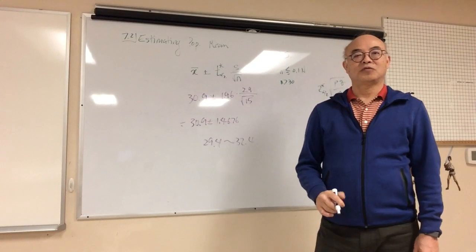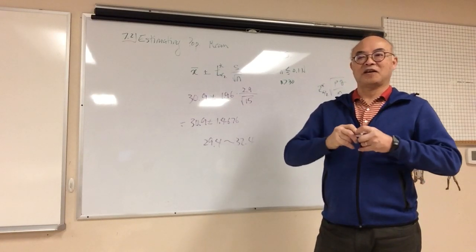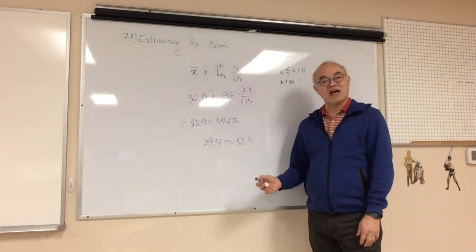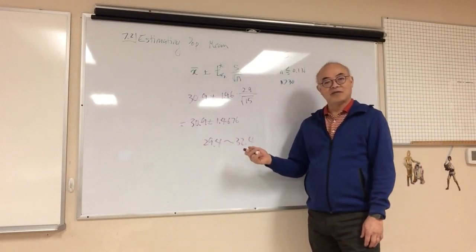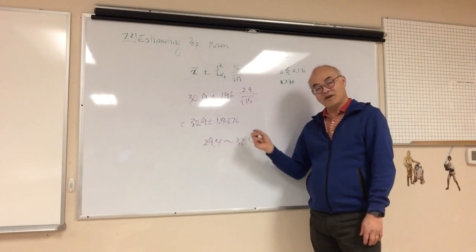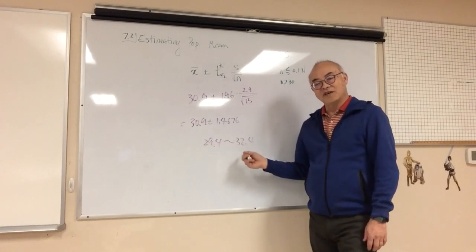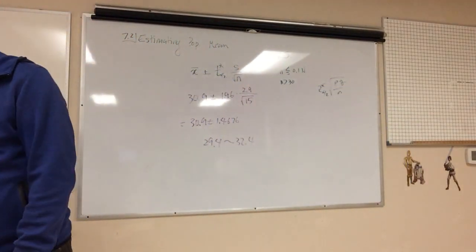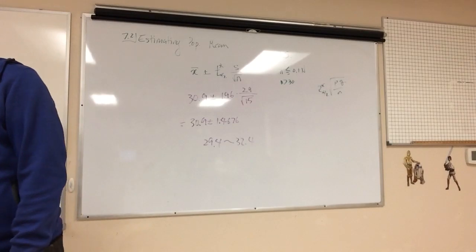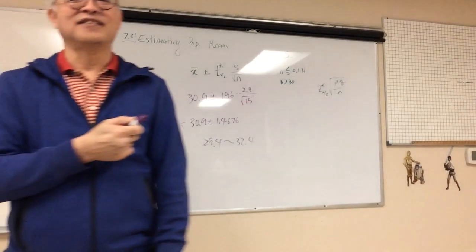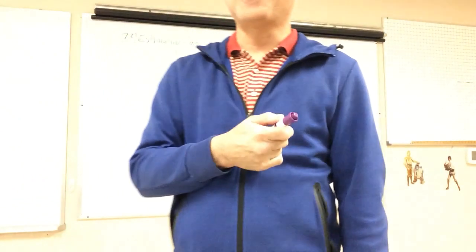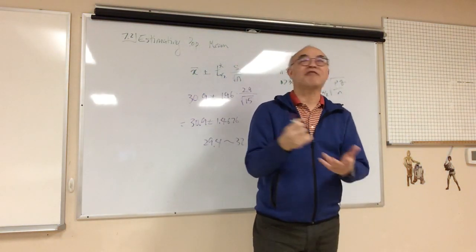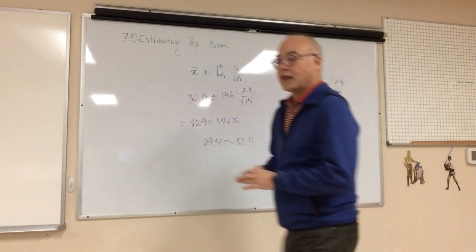So we conclude by saying we are 95% confident that the interval 29.4 to 32.4 captures the true population mean of birth weight of girls. Okay? Are we good? You understand that? Okay. It's pretty simple stuff, right? All right, so that's that.